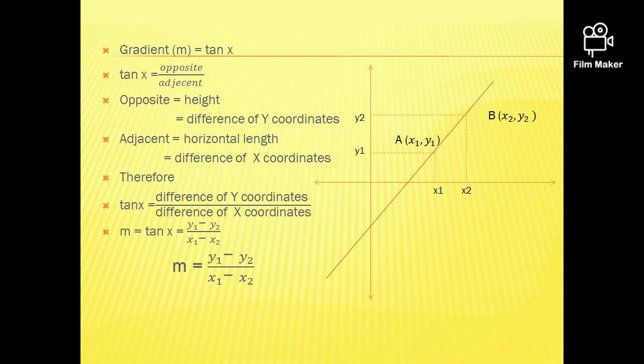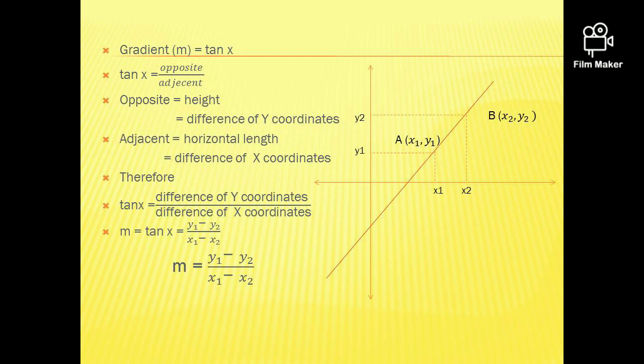From this diagram you can see how we get the opposite for the angle formed with the positive x-axis. You can get that by the height or difference between y coordinates. Then the adjacent is the length along the x-axis. You can calculate that figure from the difference between x coordinates.